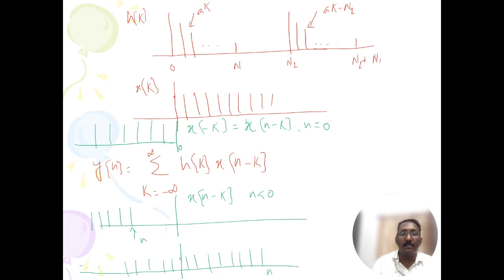If you observe here, as long as n is less than 0, there is no overlap portion between this and this, because we need to multiply H of k with X of n minus k.